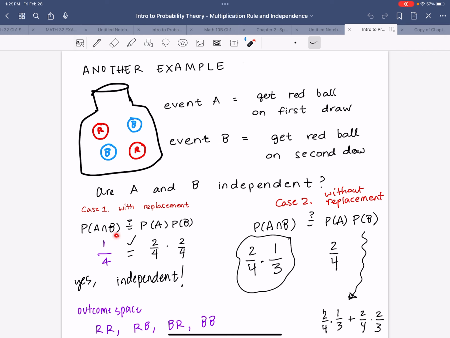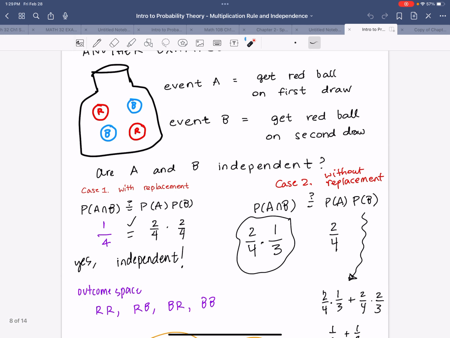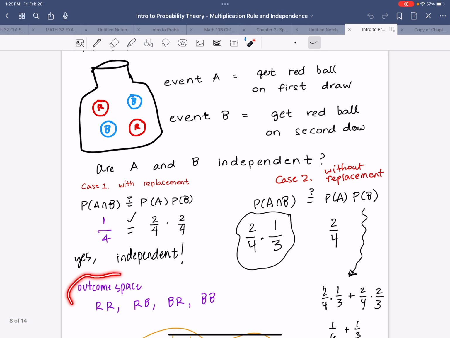And for the left-hand side, we asked, what's the probability of A and B? That means you get a red ball on the first draw and a red ball on the second draw. To calculate that, we looked at the outcome space overall. You can get two reds, a red and a blue, a blue and then a red, or two blues.